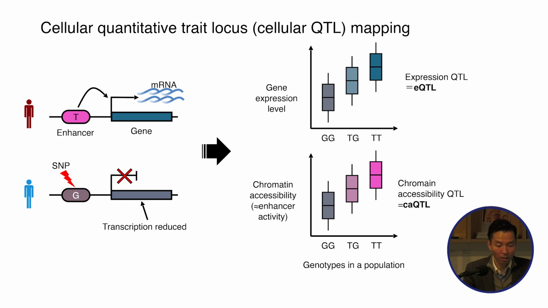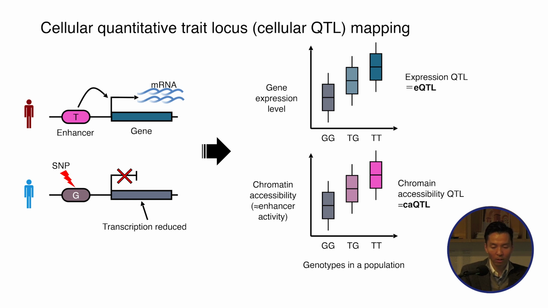To map those SNPs that alter gene regulation, we again collect many samples from people, and then we check the correlation between underlying genotype and gene expression, or underlying genotype with chromatin accessibility, which captures the enhancer activity.